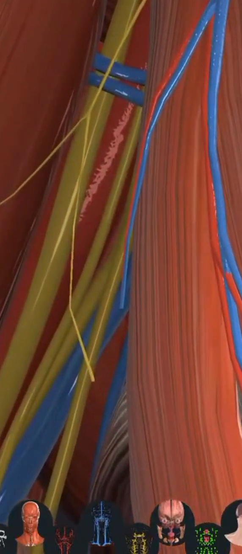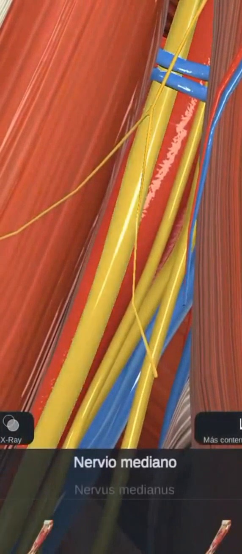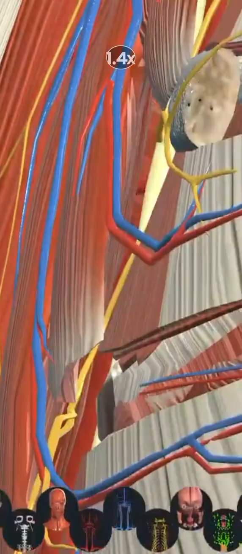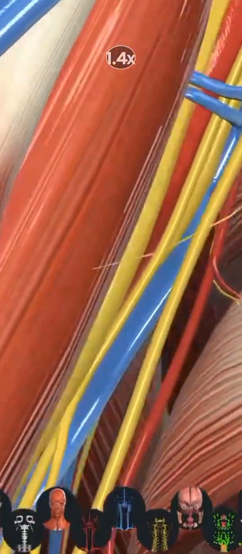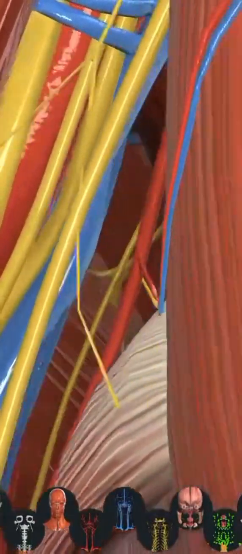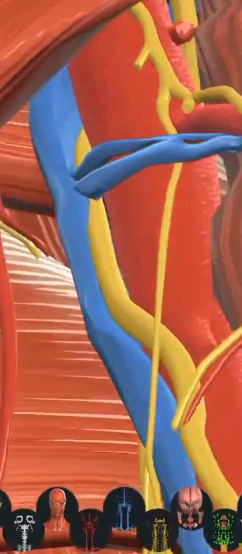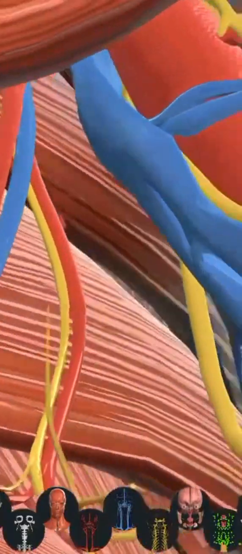It serves as a transitional passageway, connecting the structures of the neck with those of the upper extremity. Because of this strategic location, the axilla contains essential neurovascular elements that supply the upper limb, making it a key region for both anatomical study and clinical practice.